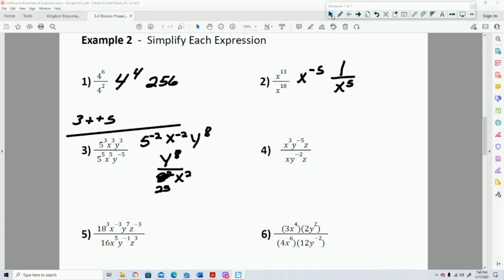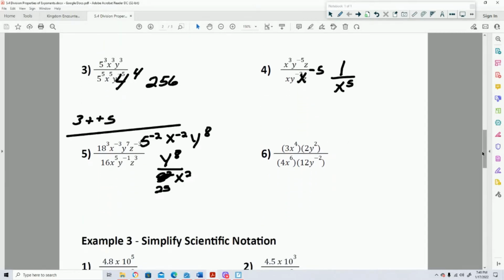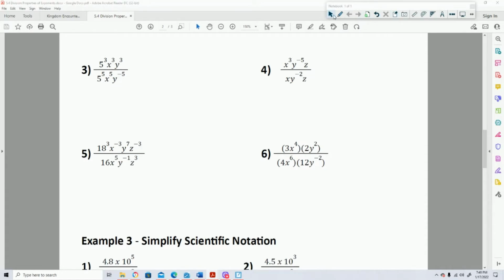I lost my pen there for a second and made a weird mark. Okay, let's bring this up a little bit and clear the page. There we go. Okay, so look at the x's first. That is a 1 for an exponent there. 3 minus 1 is 2, so I've got x squared. I've got negative 5 minus negative 2.